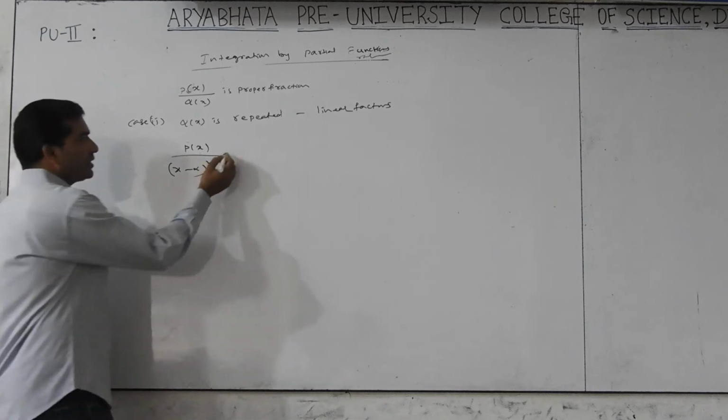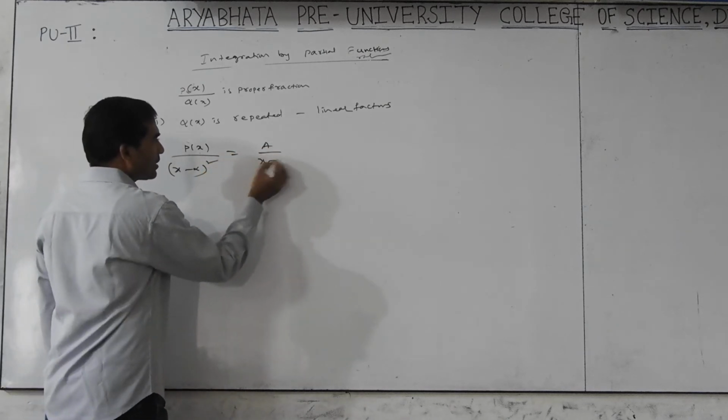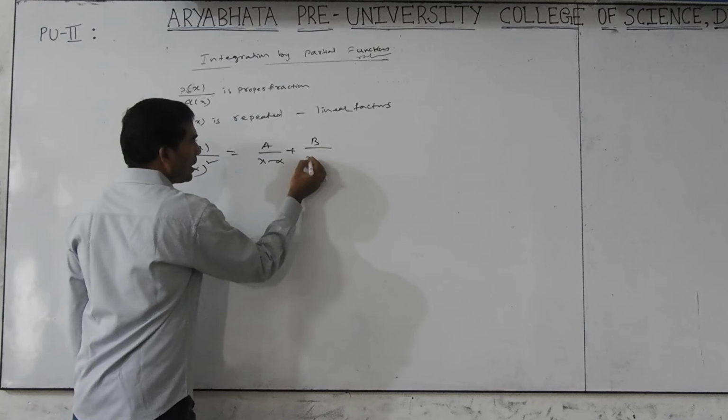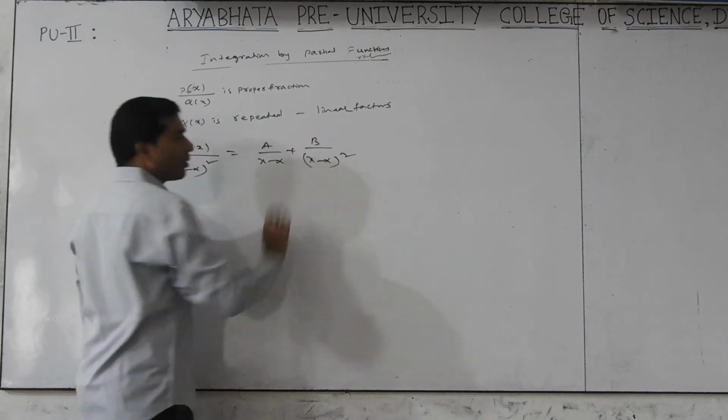Then the partial fractions are A/(x - α) + B/(x - α)².